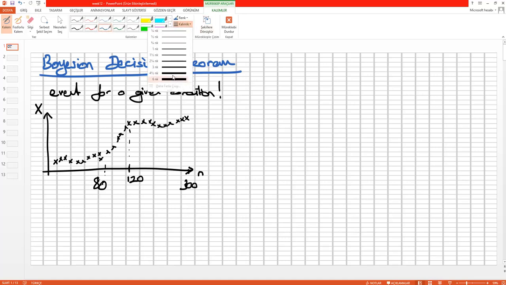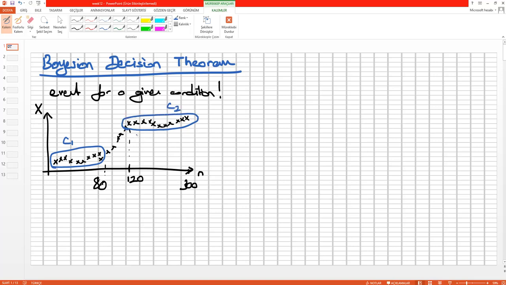Firstly, if we analyze this picture, then we can say that this is maybe one class C1, and this is the other class C2, by observing the data only.